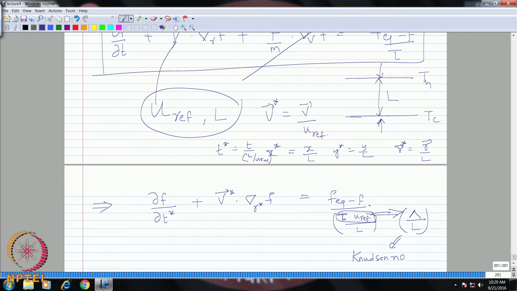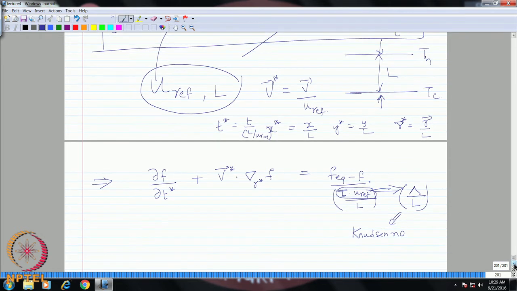Therefore, the non-dimensional form of the Boltzmann equation will have on the right hand side the corresponding non-dimensional number, which is your Knudsen number. This is just like non-dimensionalizing your fluid mechanics or heat transfer equations, where you will have Reynolds number, Prandtl number. Similarly, here you have the characteristic non-dimensional number, which is your Knudsen number.